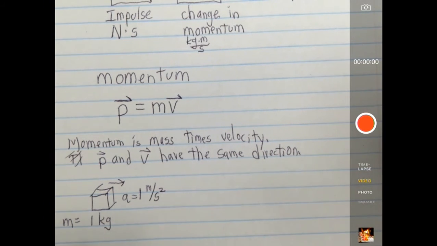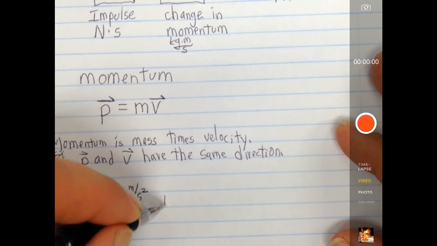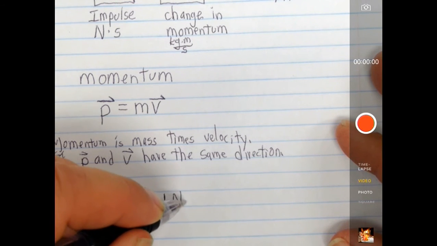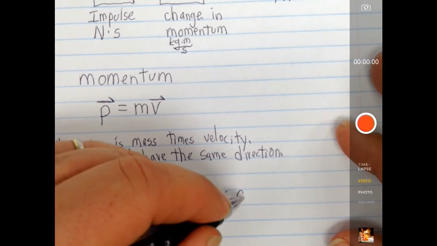If I had exactly 1 kilogram, infinitely precise, going at exactly 1 meter per second squared of acceleration, that would be 1 Newton of force.